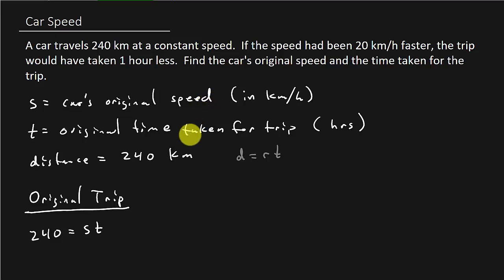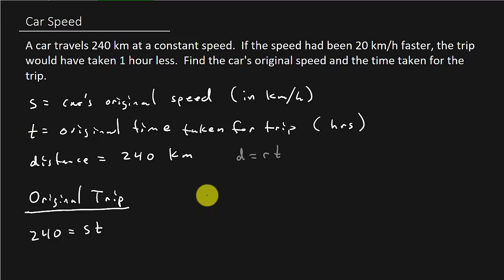Rate times time. S is the rate, T is the time. Yes, I could have used X and Y for rate and time, I just use S for speed, T for time. So there's our equation for the original trip.